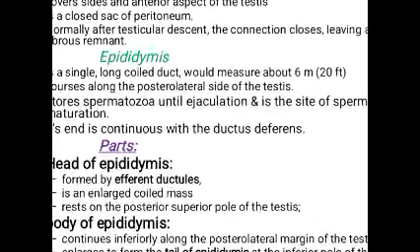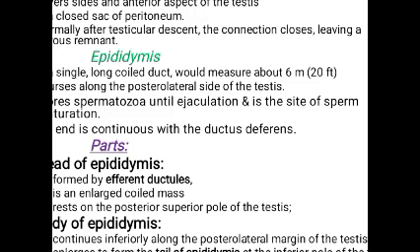Epididymis is a single, long coiled duct that would measure about 6 meters or 20 feet. It courses along the posterior lateral side of the testis, stores spermatozoa until ejaculation, and is the site of sperm maturation. It is continuous with the ductus deferens. The head of epididymis, formed by efferent ductules, is an enlarged coiled mass that rests on the posterior superior pole of the testis.